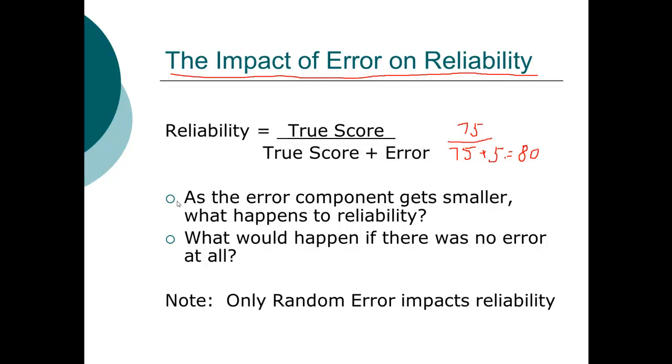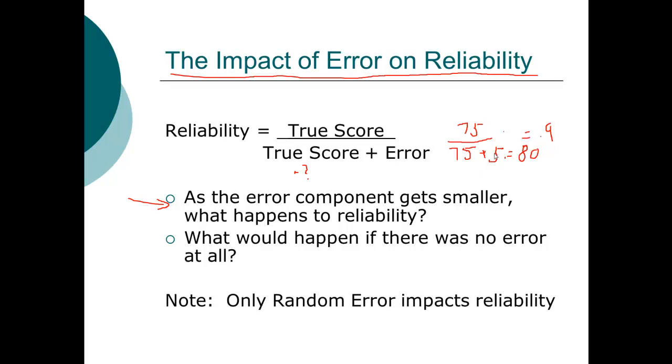Now, what's important here for you to know is that reliability is going to be a decimal number. It's going to be point something. So 80 goes into 75 probably about 9 times. So that would be 0.9 something. But you see how it's a decimal value. As the error component gets smaller, what happens to the reliability? Won't it go up?